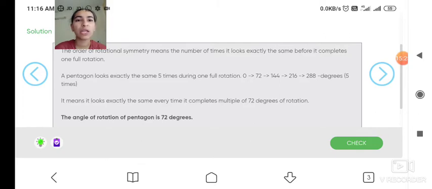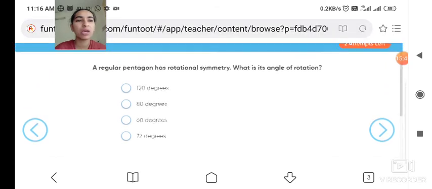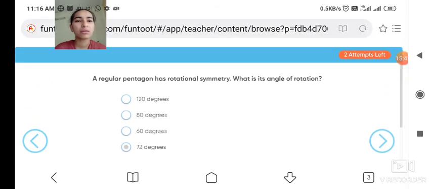A pentagon looks exactly the same 5 times during one complete rotation. So the angle will be 360 divided by 5. So the answer will be 72.